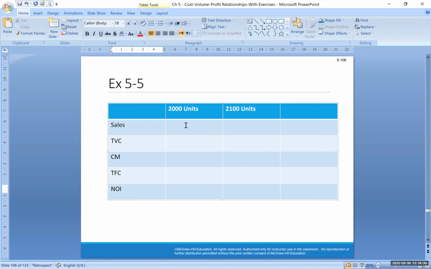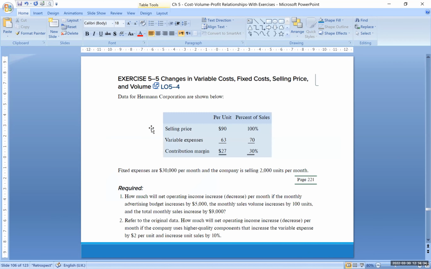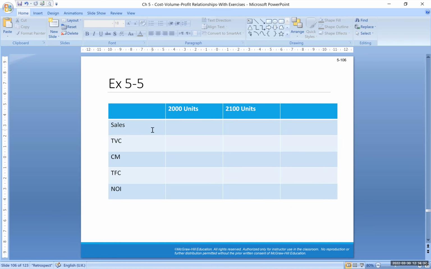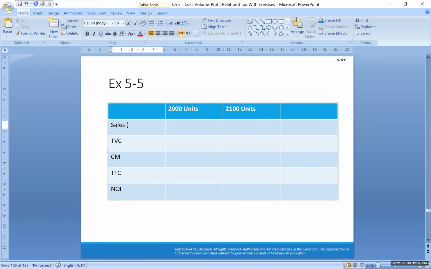Okay, we are currently selling our product at $90. Our variable cost per one is 63, and the difference between these two numbers will be the contribution margin of $27. Okay.